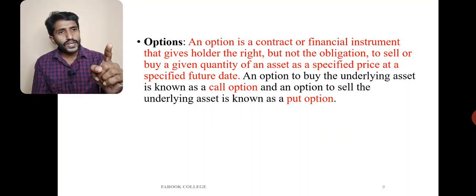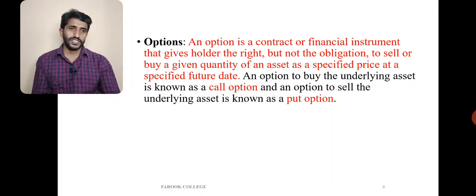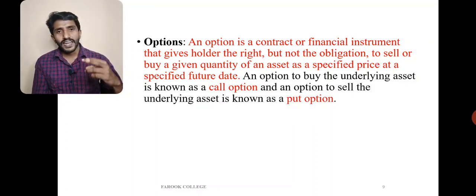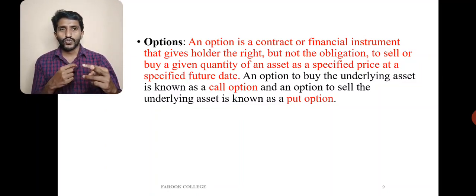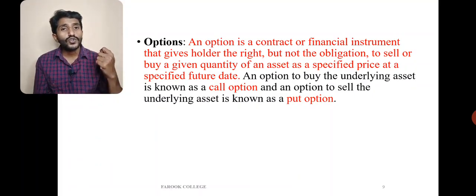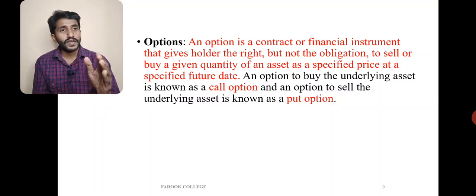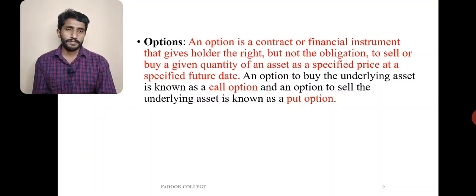An option is a contract or financial instrument that gives the holder the right, but not the obligation, to sell or buy a given quantity of an asset at a specified price at a specified future date.